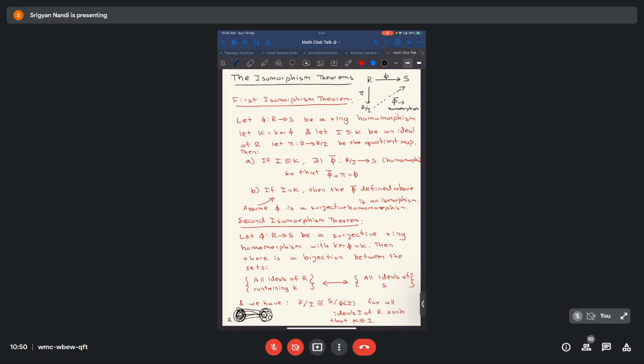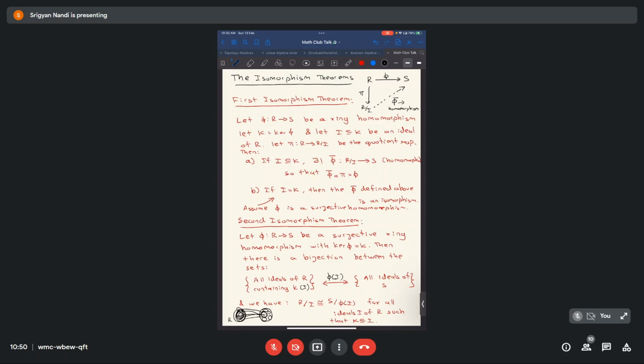As you would guess, this bijection is given by phi. So this bijection is also induced by phi. If I is an ideal of R containing K, then it is taken to an ideal of S given by phi of I. And we know that phi of I is an ideal of S since we assume that phi is surjective, which was a required condition in the previous theorem.